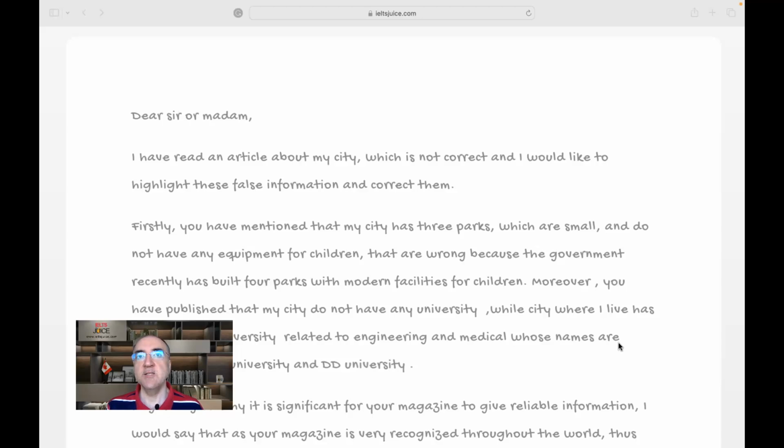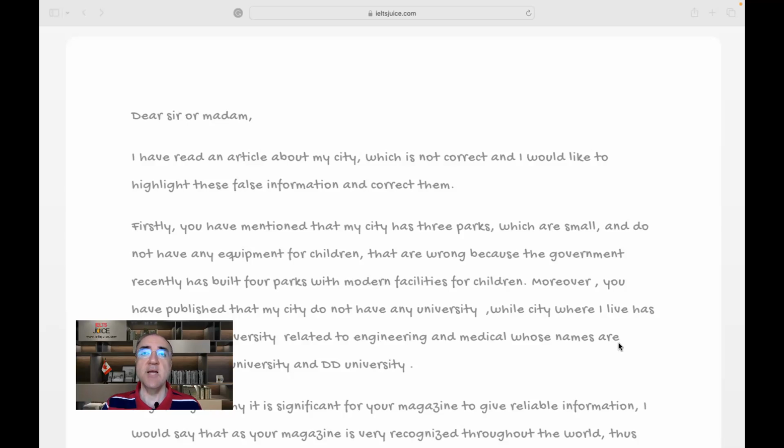As the editor-in-chief of that magazine, somebody who has to read their audience's letters or reviews or comments, it's his or her job. It's actually your job now. We're imagining a situation. It's your job to read the letter, go through it, and take action. So it's very important to see how you react when you receive a letter like this.